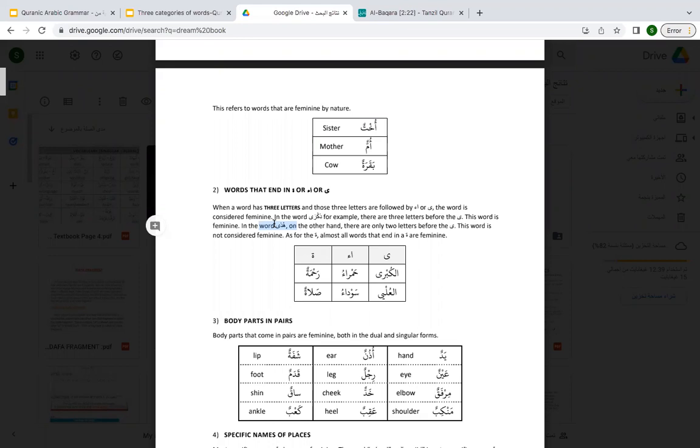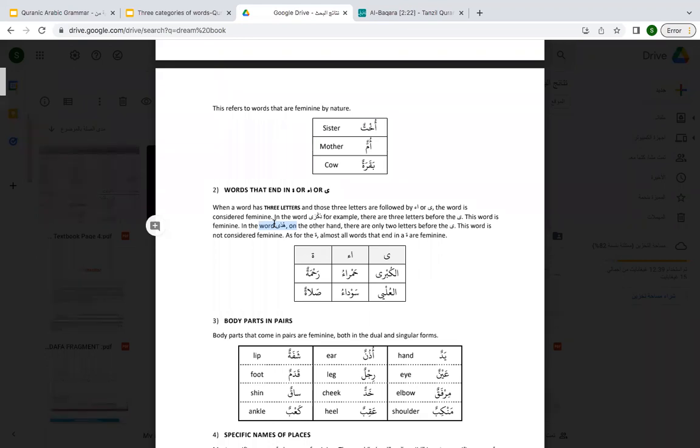Were there 3 letters before alif maqsura? No. So the word is masculine. You have to find your 3 letters before your alif maqsura. Everyone, please remember this. The exception, Aisha, was Isa and Musa. Your 2 names did have 3 letters before alif maqsura, but they were still masculine. Names of those 2 prophets, right?